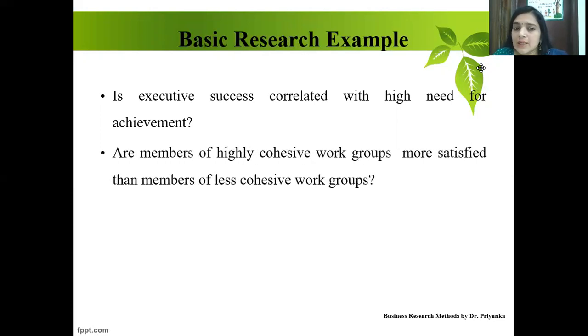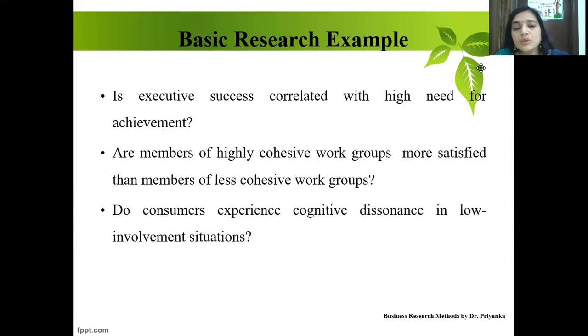Are members of highly cohesive work groups more satisfied than members of less cohesive work groups? To know this, we need to read, or discuss with people more and more. That is how basic research is. Do consumers experience cognitive dissonance in low involvement situations?